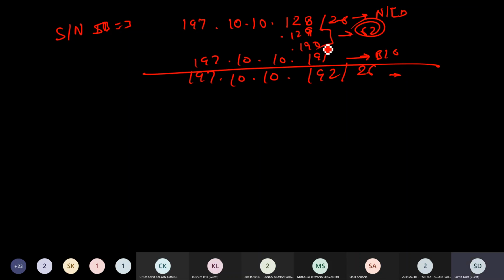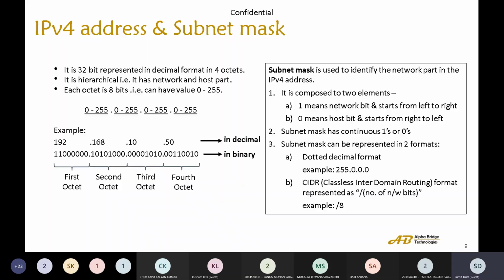So if it is clear, I believe you can do the subnetting for the next example. So I'm giving you one exercise.